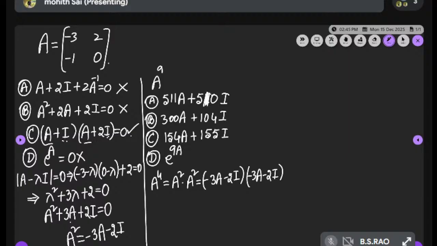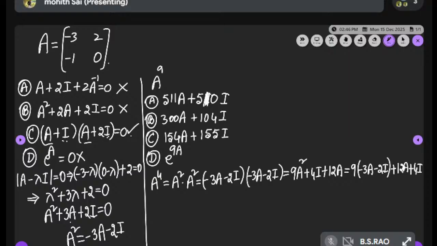A power 4. What are we getting? 3 into 3, 9A square, plus 2I times 2I which is 4I. Next, 3 into 2, 6 plus 6, 12A. Again, we have A square. So 9 into A square, which is minus 3A minus 2I, plus 12A plus 4I.